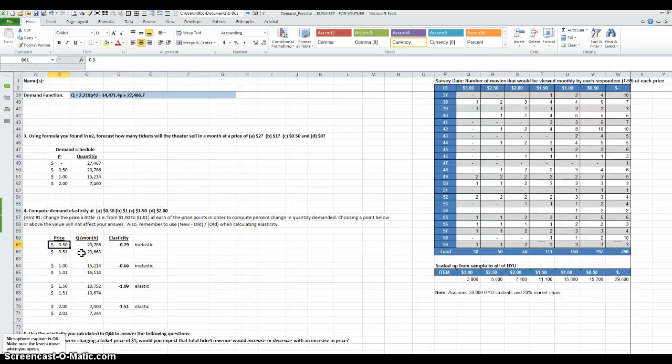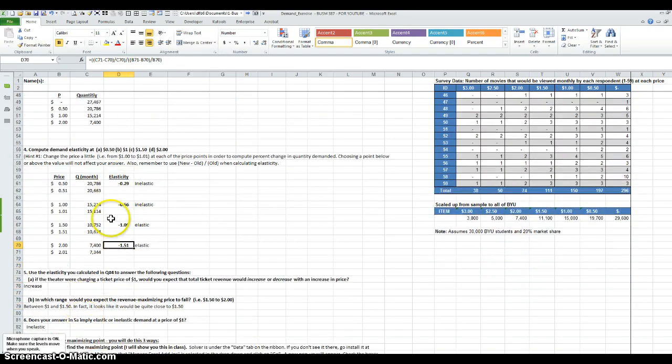So new minus old divided by old. So that's the formula I have here. And so you get an elasticity there of negative 0.29, negative 0.66, negative 1.09, and negative 1.51. Remember, own price elasticity is always negative.